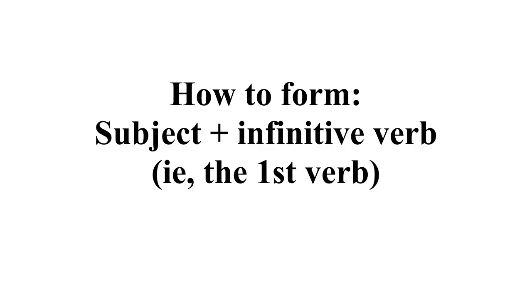Okay, and we form it by taking the subject and the infinitive verb. Now, the infinitive verb is the first verb. So let me explain that. You probably remember from school when you learned about verbs in English that they would have these lists, right?